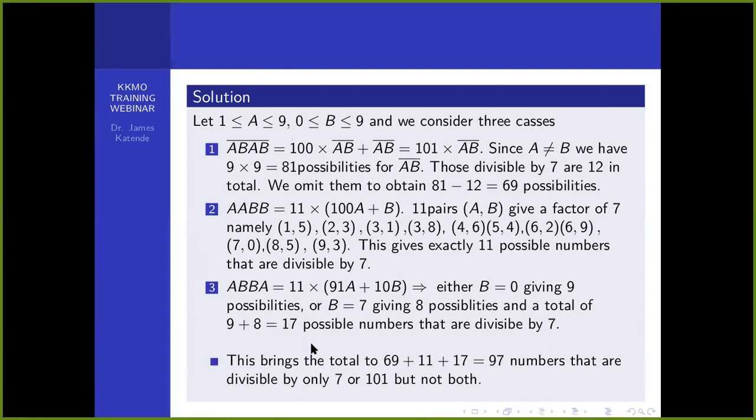So if you add up the total, we should have 69 plus 11 plus 17, which is equal to 97 numbers, which are divisible only by 7 or 101, but not both. So in fact, the only ones that are divisible by 101 are these 69. The remaining 28 are divisible by only 7.